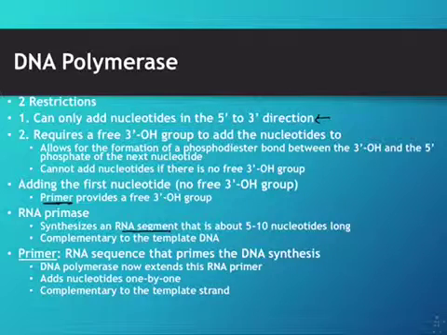So the primer is that RNA sequence right here that RNA primase made that primes the DNA synthesis. It's a little bit before the section of DNA that's getting replicated. And now DNA polymerase extends beyond this RNA primer. It adds the nucleotides one by one, complementary to the template strand.